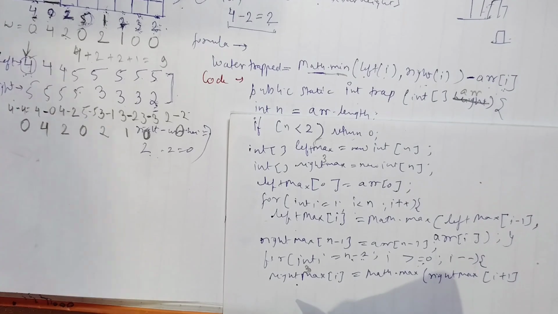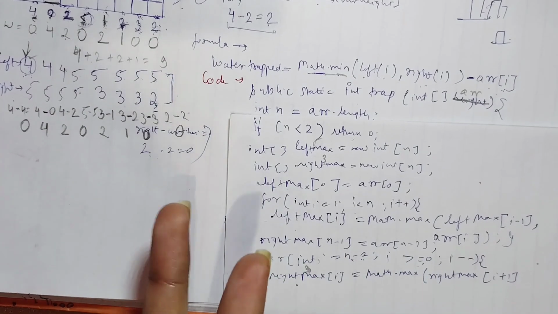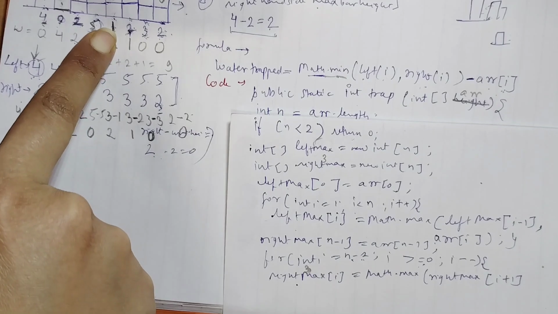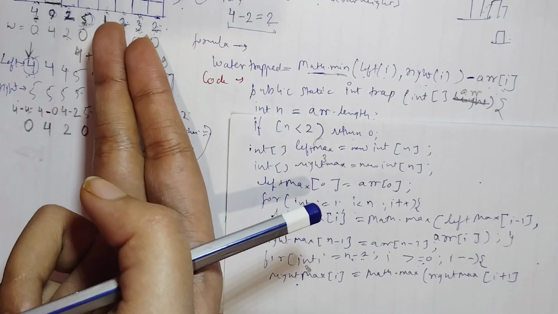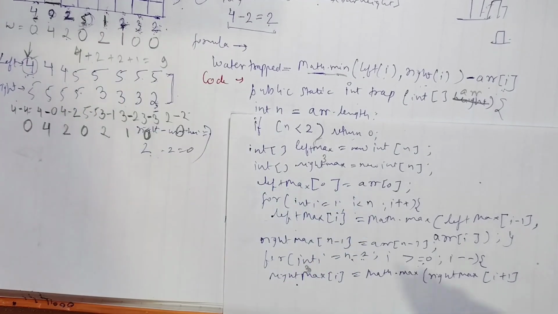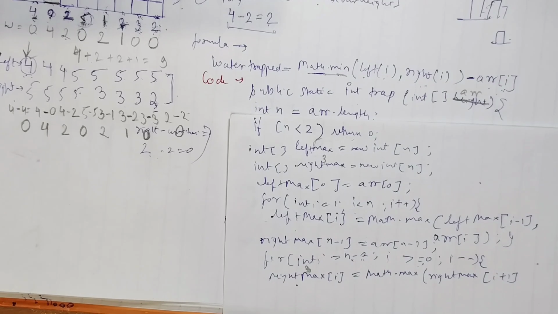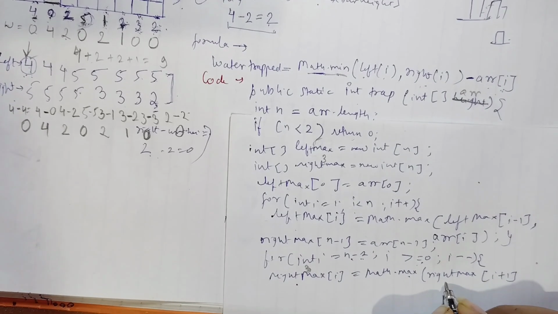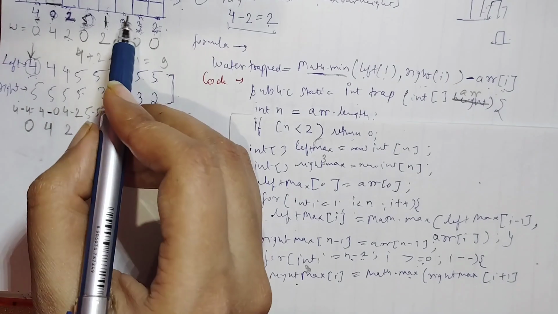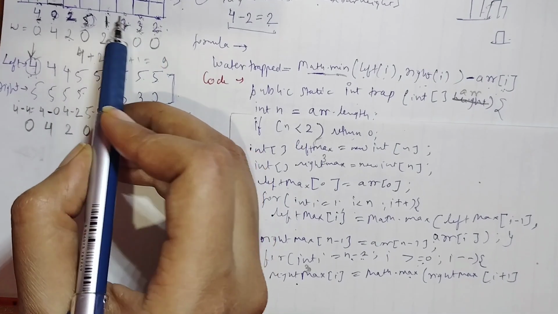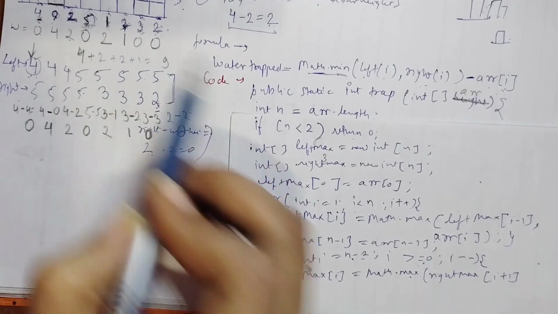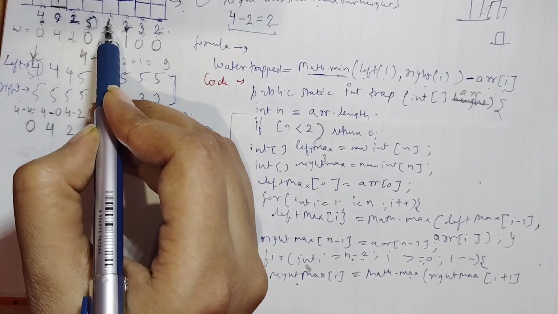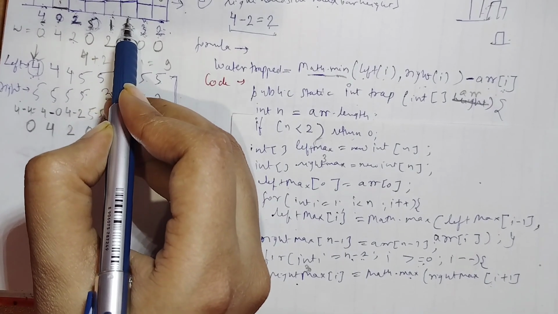So what are we doing here? We are comparing between two values: first is our current bar height, and second is the right hand side bar height. So we are writing here Math.max, which will compare between two values. First is right max, which is all the bars on the right hand side. If we take this one as an example, then i plus 1 will be this 2, meaning the next bar.